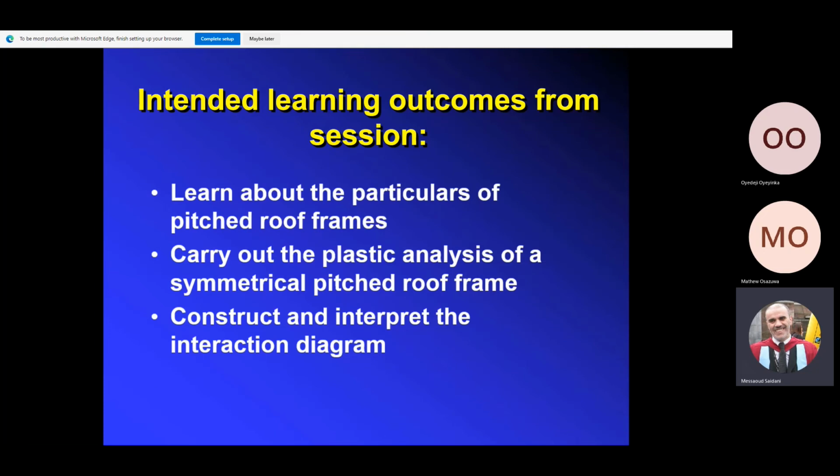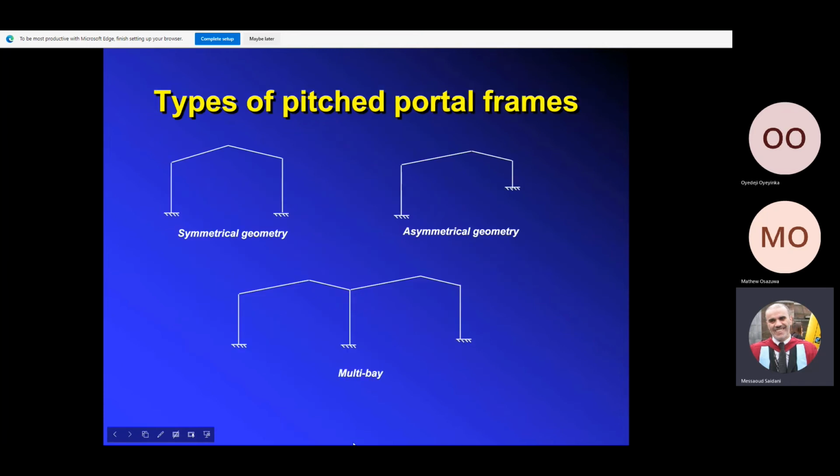Where if you have a frame where the load is unspecified, then we can construct the interaction diagram to give us all the possible collapse mechanisms. So we have symmetrical frames like here. We have asymmetrical frames where the geometry is not symmetrical.